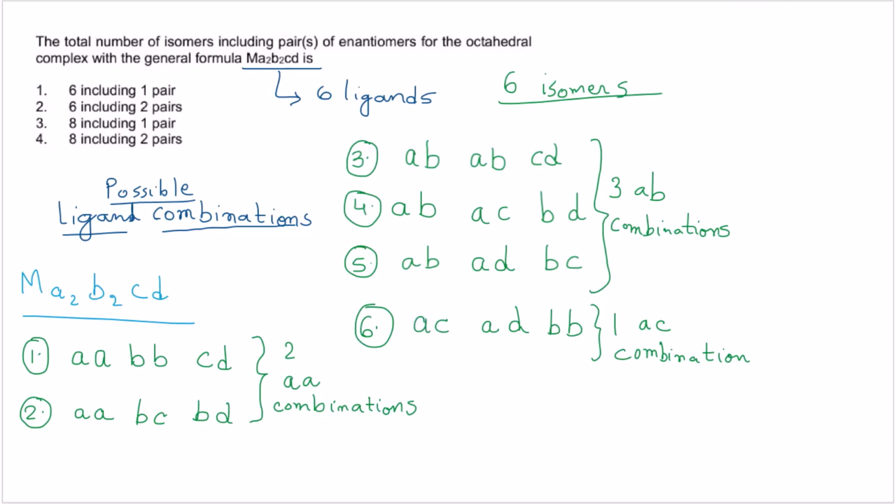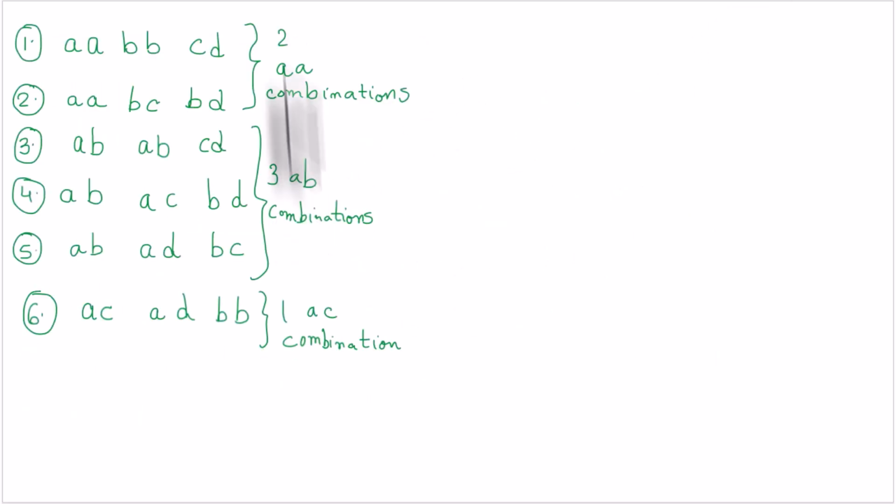So let's make the structure. We have our list of ligand combinations on one side, and then we will try to make the structures on the other side. So let's make the first one, MAABBCD. Let's put AA at the trans position, one on top and the other at the bottom.